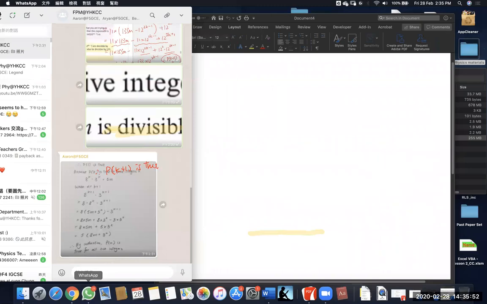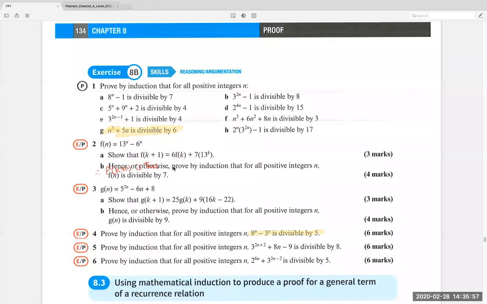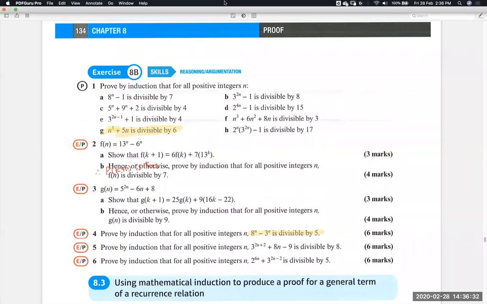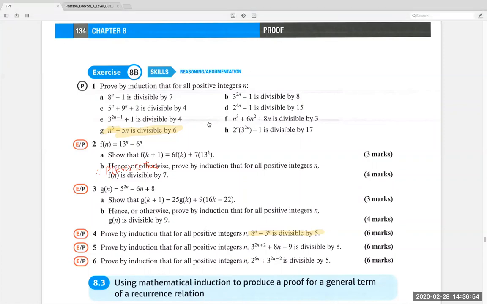Anyone finish? No. Oh, so sad. Wow, A1 so fast.